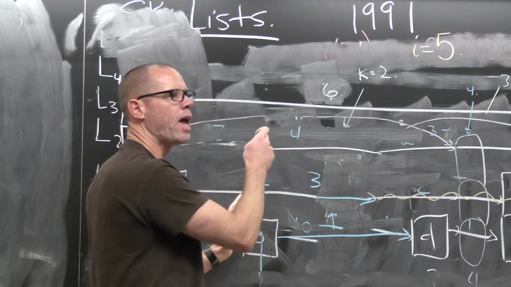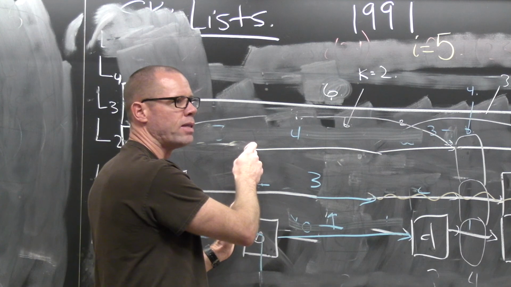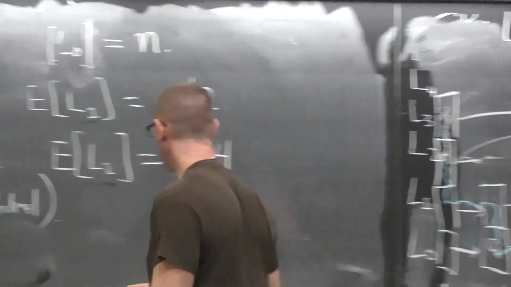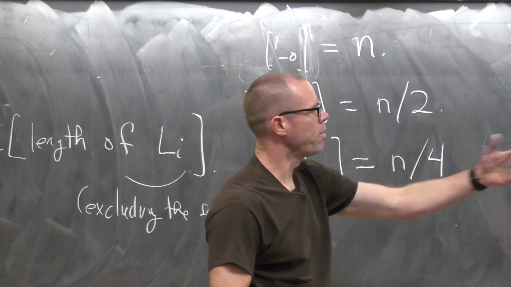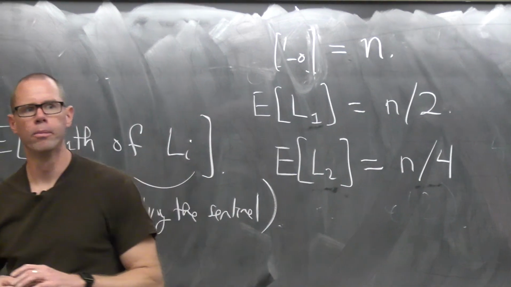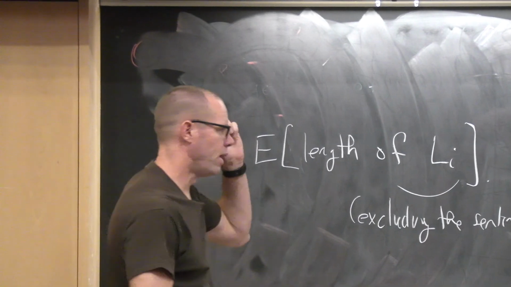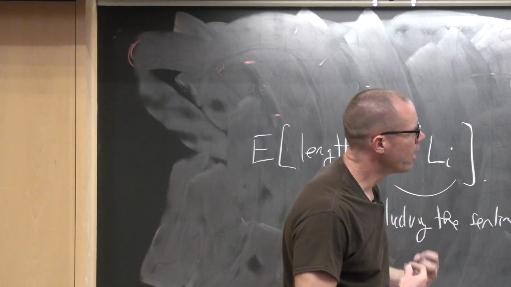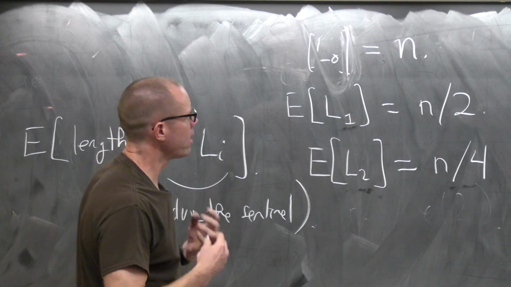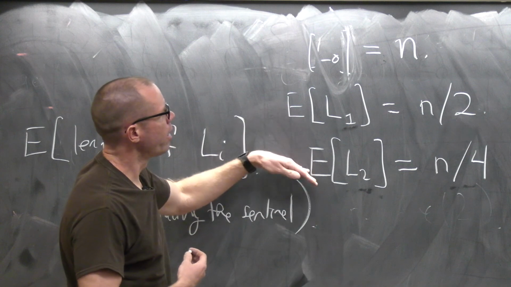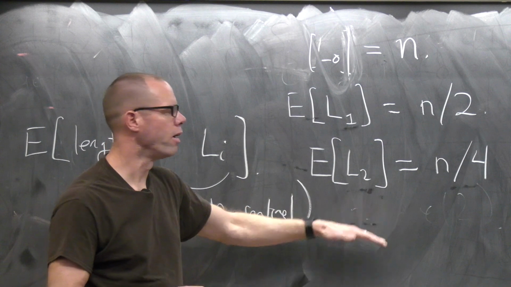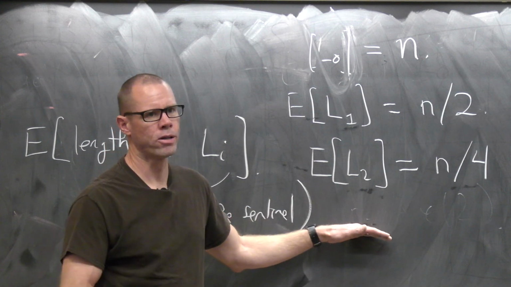And then he tosses a coin again and it comes up heads. So that's a half times a half. That's a quarter. So the probability that he makes it to L2 is a quarter. And that happens independently for all of these n guys in L0. So you get n over 4. Okay. And we'll formalize that a little bit more next class. But that's the kind of reasoning that you can get a correct and simple proof from. Arguing about L2 as a function of the size of L1, or in general Li as a function of the size of Li minus 1, that's really difficult or incorrect depending on how you do it.